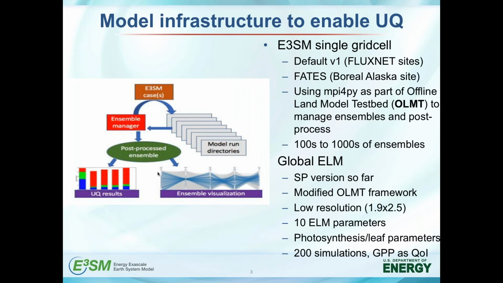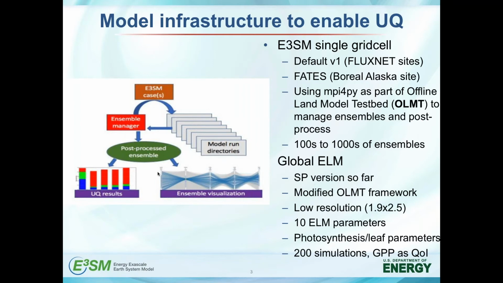And so this basically will take a case and a run directory and clone that many times and manage running lots of ensemble members in parallel, and then post-processing the model outputs into things that we care about and the quantities of interest that we're specifically analyzing for any given study. So when we're doing those kinds of single grid cell simulations, typically we're running anywhere from hundreds to thousands of ensemble members.